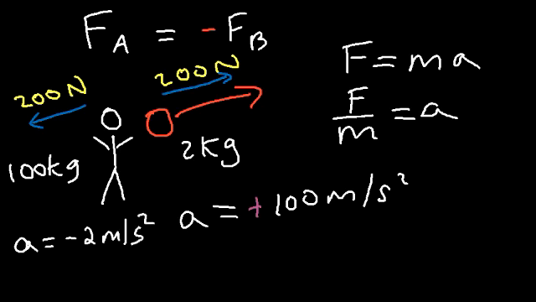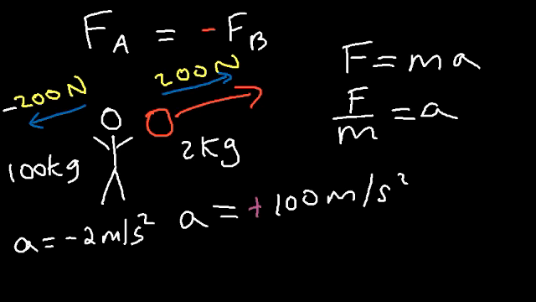Acceleration is a vector, and vectors have magnitude and direction. Because the person feels a force directed towards the left, his force should be negative, and therefore his acceleration is negative. Force and acceleration and velocity are vector quantities. Direction is important. Speed is a scalar quantity. Speed has magnitude only.